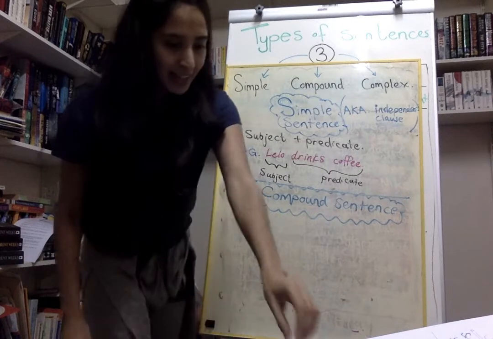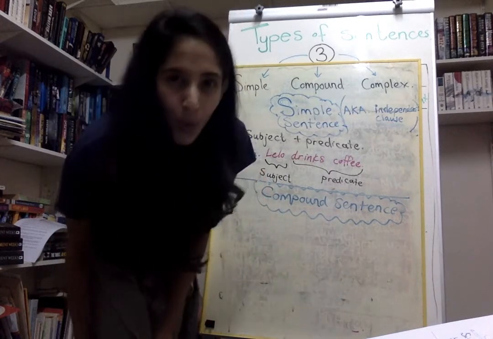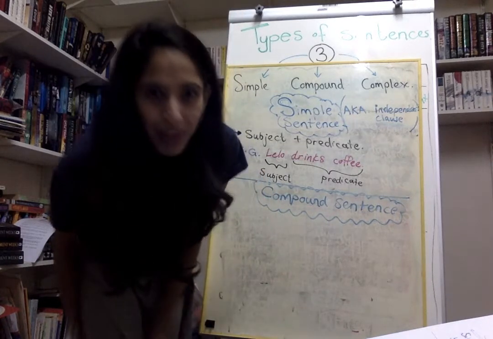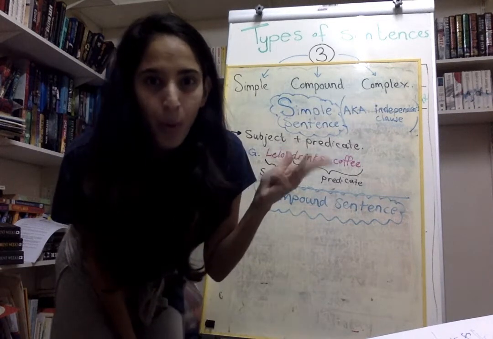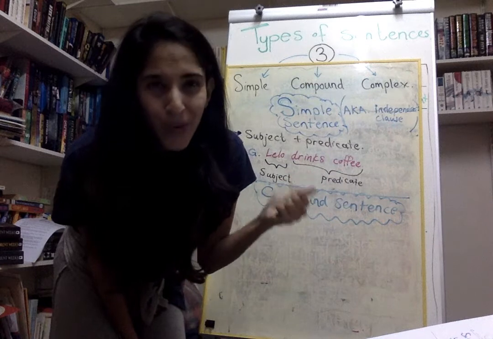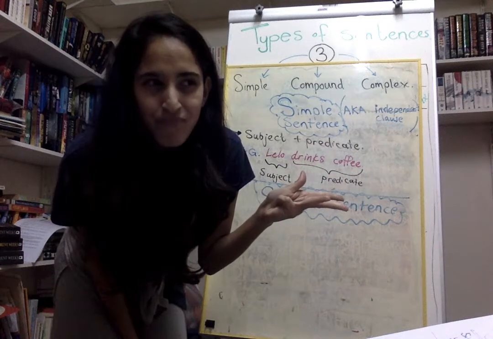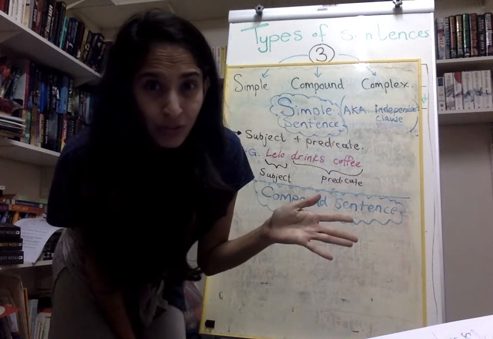Let's write that down. Remember what a coordinating conjunction is? Remember the acronym FANBOYS: for, and, nor, but, or, yet, so.